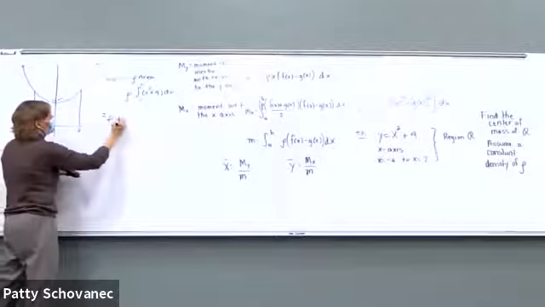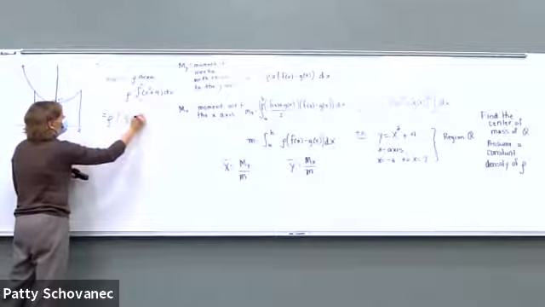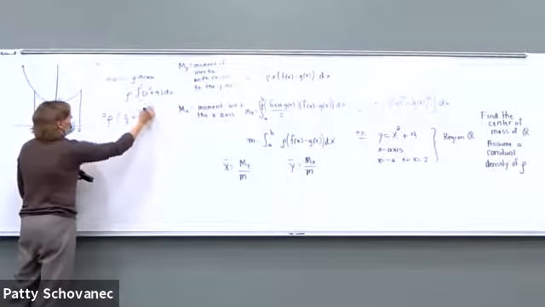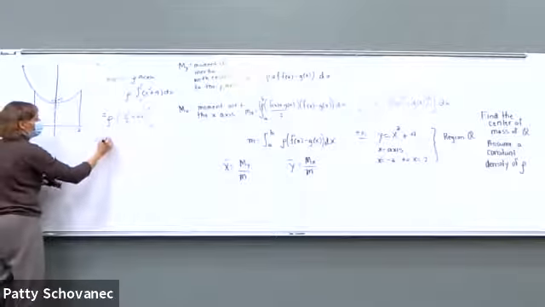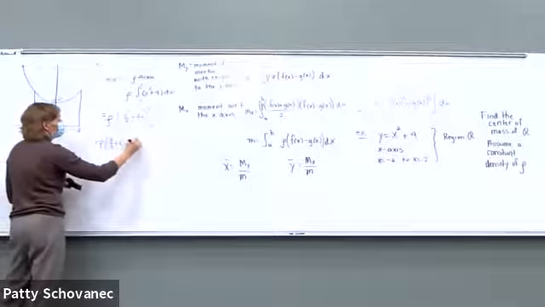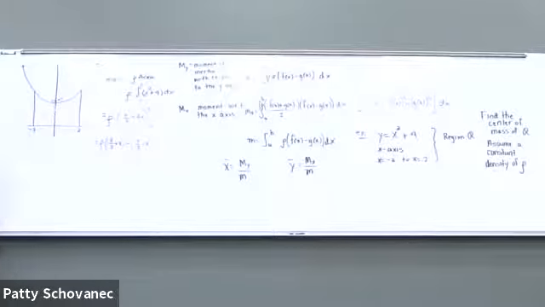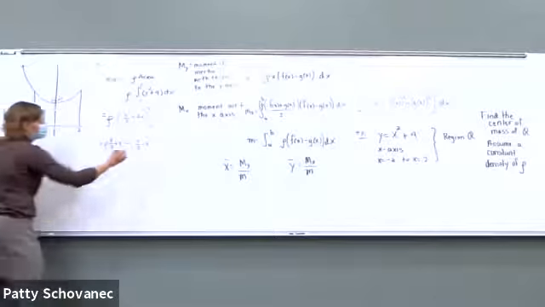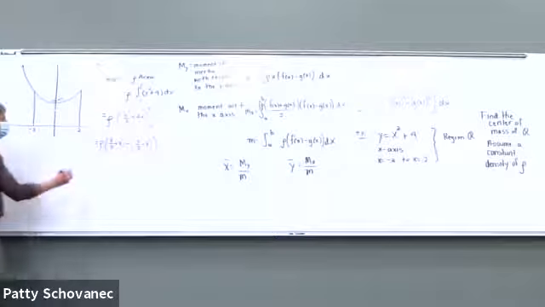Our density is constant here. We have x cubed over 3 plus 4x from -2 to 2. 2 cubed is 8, so I have 8/3 plus 8. Put the -2 in there, and I have a -8/3 minus 8. That minus sign means I'm going to add them together. So I get 16/3 plus 16.